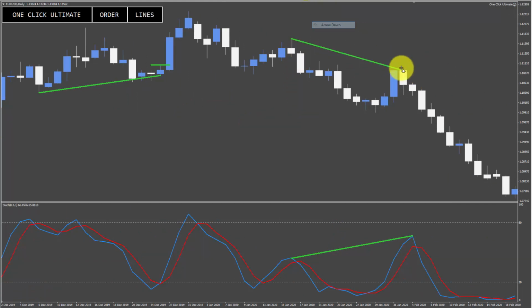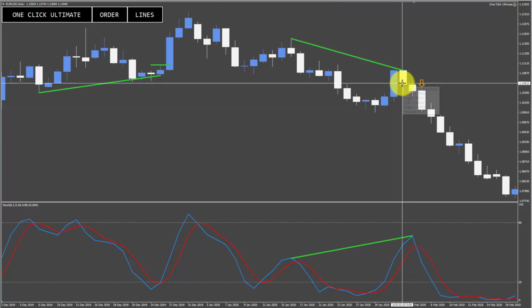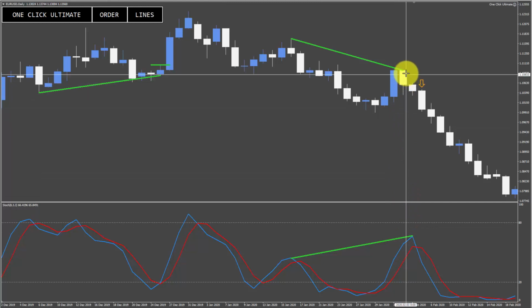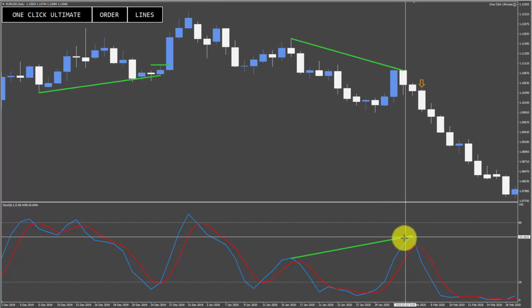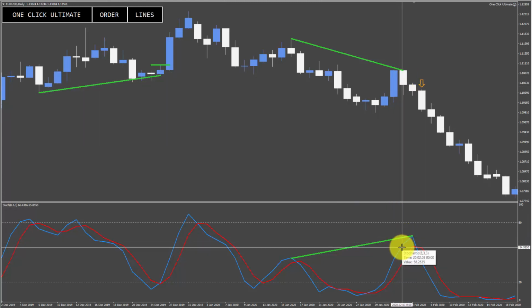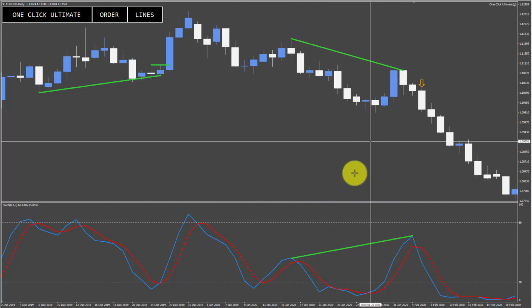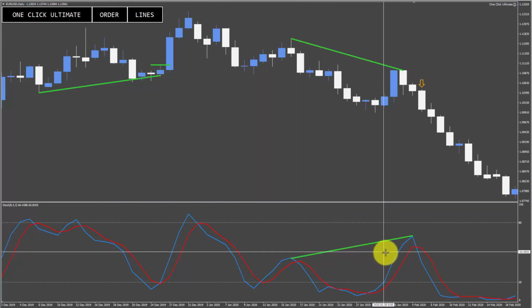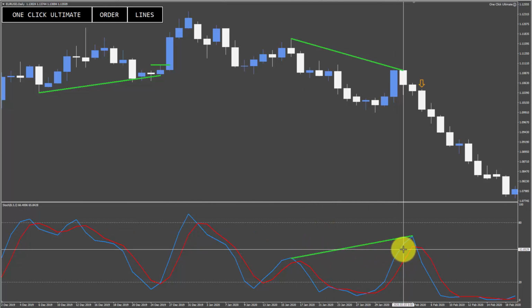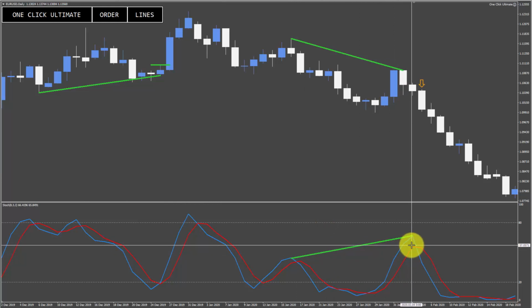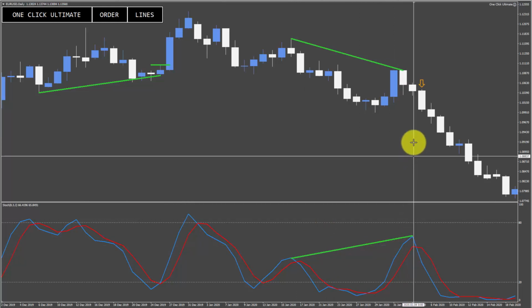Now, you actually generate the sell signal on this one here. And the reason being, vertical line, you can see on that bearish candle here as it rolls over, we're still pointing up. We have a lower high in price, we have a higher high in stochastic at that point, but we haven't turned over yet. We still haven't turned over on this small little candle at the top there.